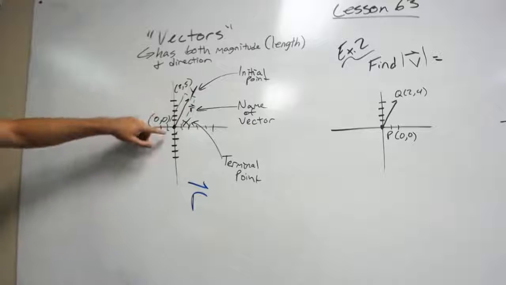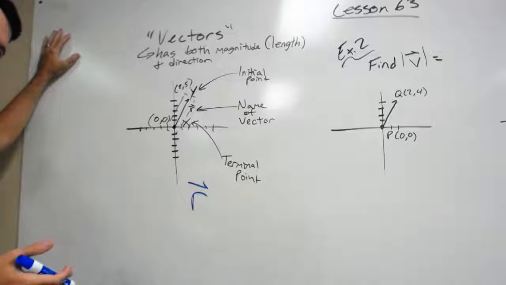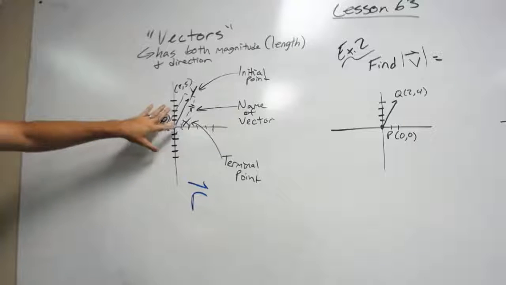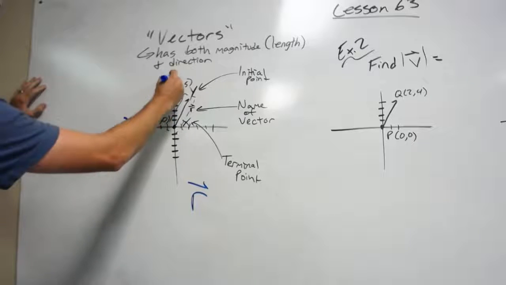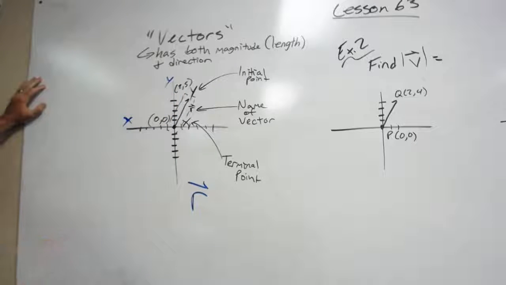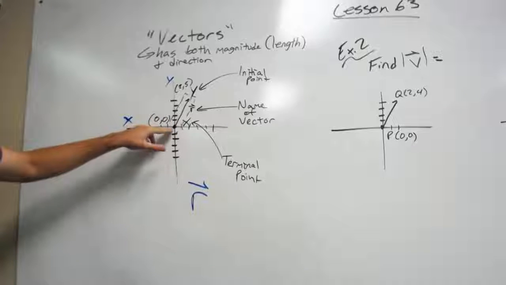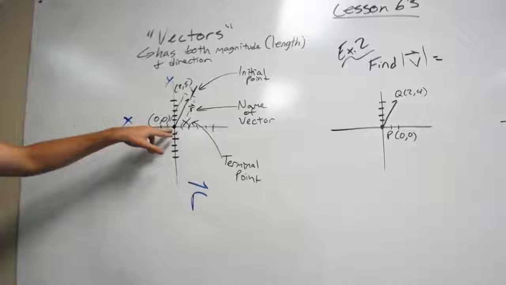Notice that it's going to put this on a graph, but it's not going to give an X and Y axis all the time. I went ahead to make this one easy and gave us an X and a Y axis. But every vector, you can arrange it to where it's located with a terminal point on the origin and an initial point somewhere else.